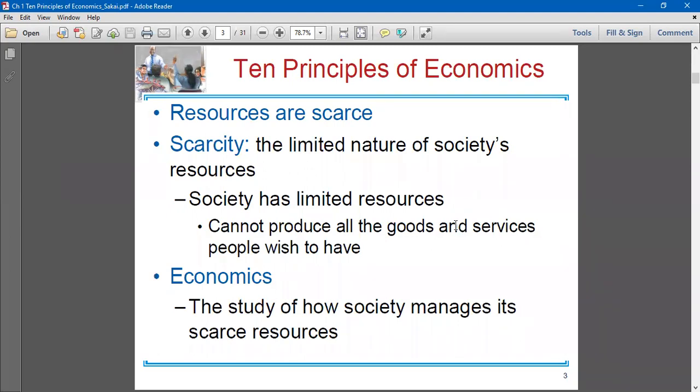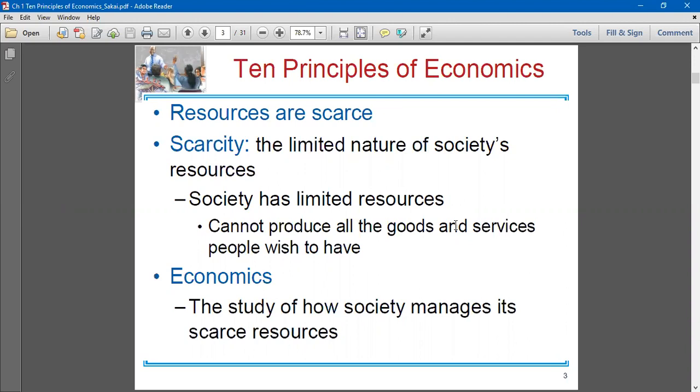So scarcity means that the society's resources are limited. We don't have enough to produce all the goods and services that we want in order to satisfy our needs. So the resources are scarce. That is why we have to study economics.